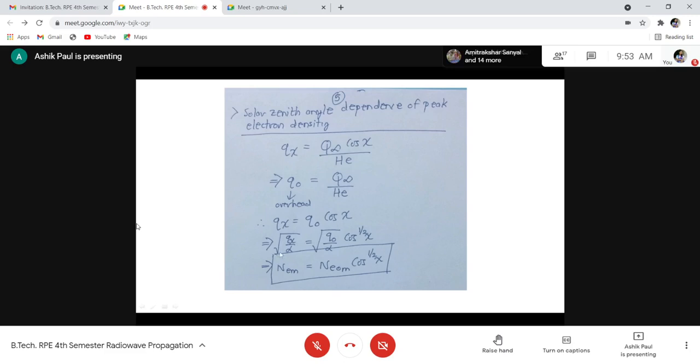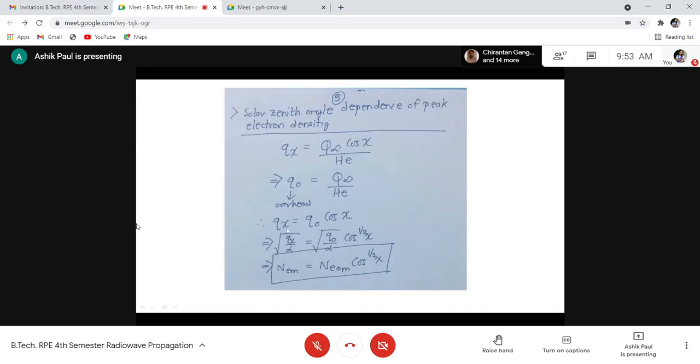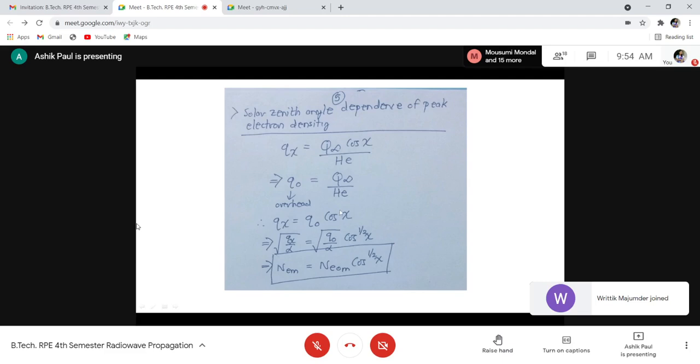And then to arrive at this expression, we had understood that the electron density is related to the square root of q by alpha, this ratio. So if we take a square root on both sides and divide by alpha, then basically we get the square root of q chi by alpha is the square root of q overhead by alpha times cos to the power half chi, because we are doing a square root on both sides, so cos will also be cos to the power half chi.